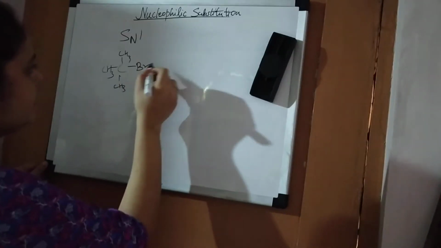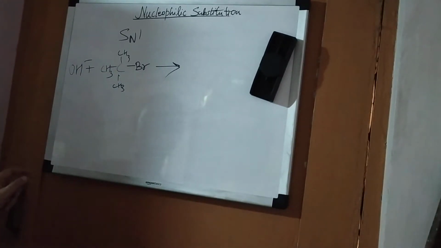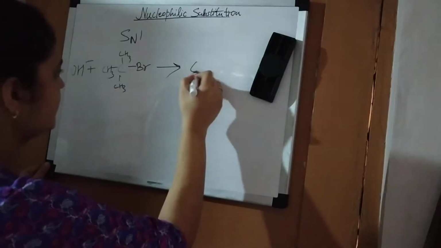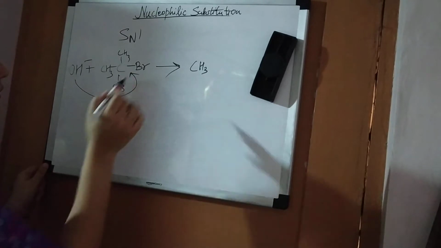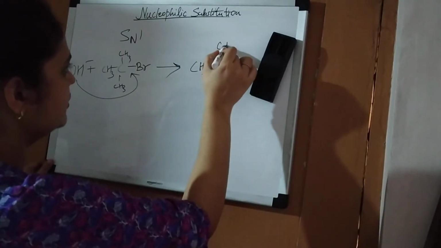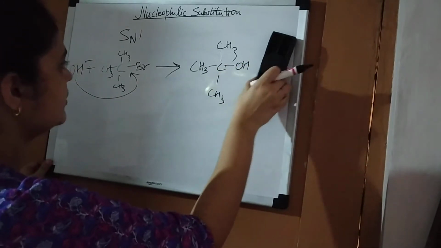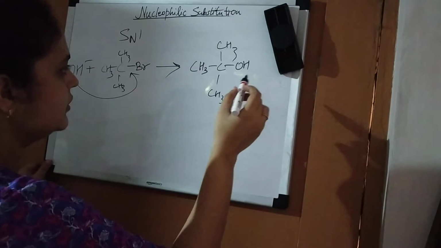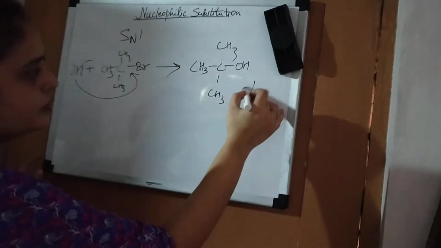When the OH negative nucleophile attacks, what happens? It will attack from this side, and this product will be formed, plus the leaving group.